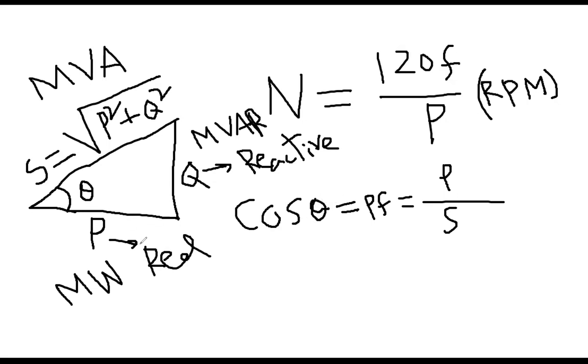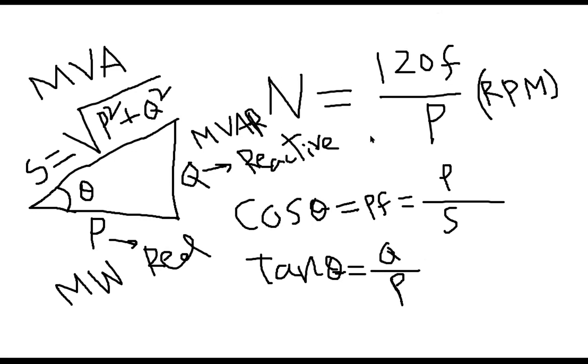Or if you know the real power and Q, then you can also use tangent theta from this triangle. What is tan theta? Q over P. So if you know this, you will get theta first, and then later convert into cosine theta. That is also possible.